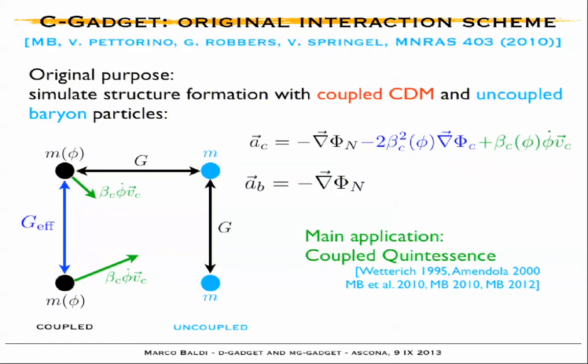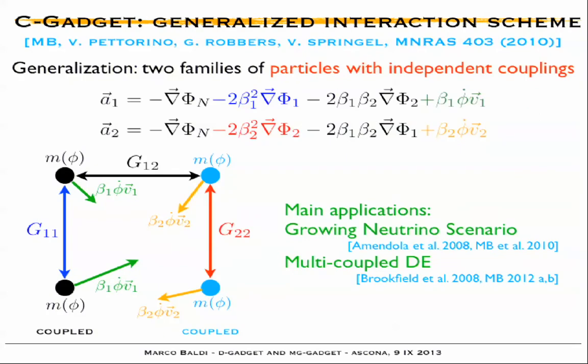On top of this, you have to add this friction term that comes from the fact that you have this kind of bimetric theory. This can be generalized to the case where you have two different types of particles with both non-zero couplings. Okay? In that case, both types of particles are coupled, but they are coupled differently, so you can have beta 1 and beta 2, two different coupling constants.